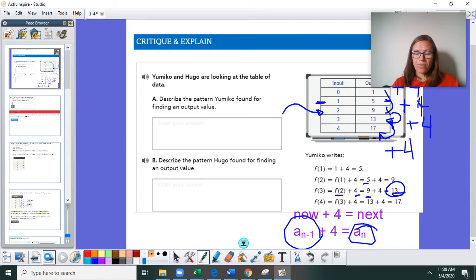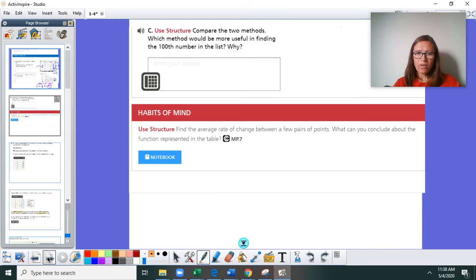As you go through, you'll look and you'll say, okay, well, if you started at the 100th one, which would be a more useful way of thinking about it? Yumiko's or Hugo's?